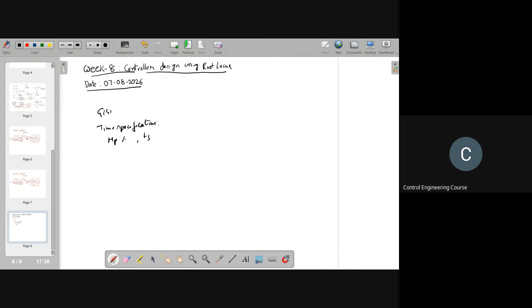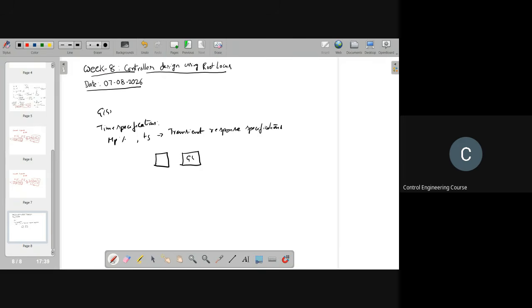These are the transient response specifications. So you have to design a controller such that your overall system satisfies those transient response characteristics, right?